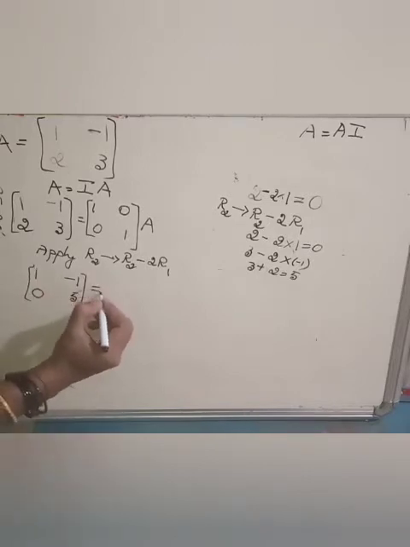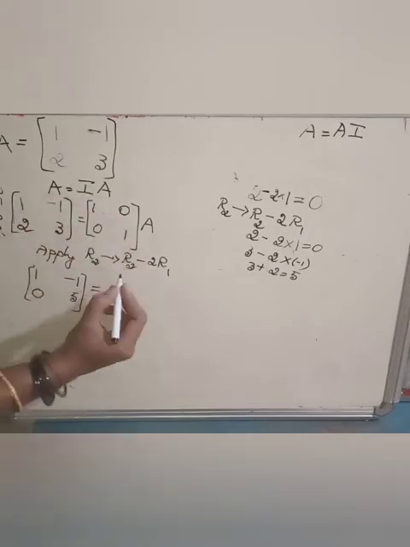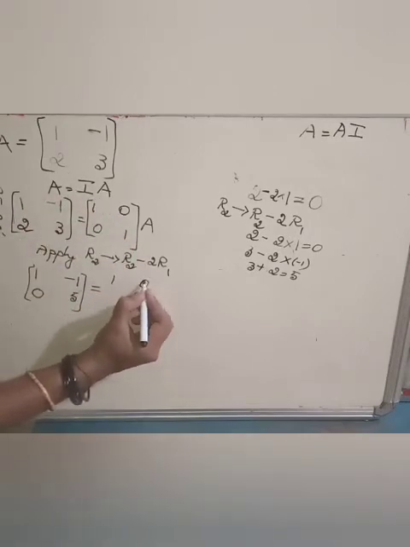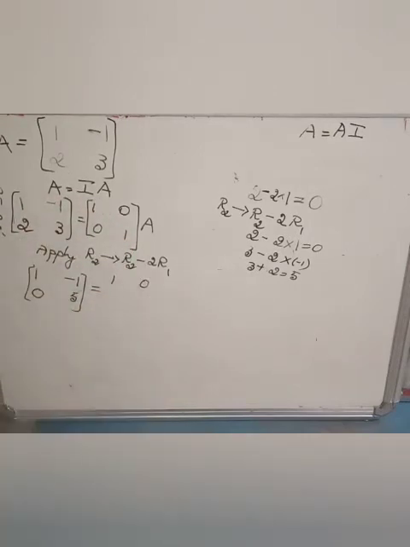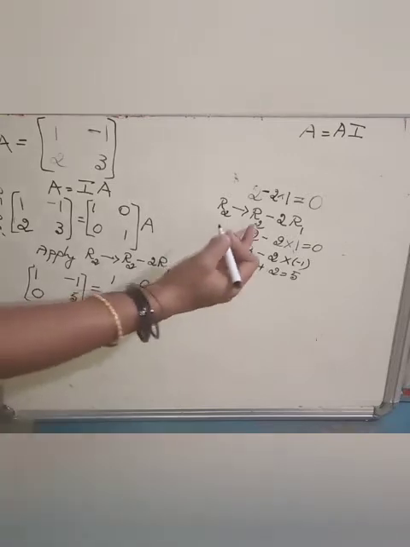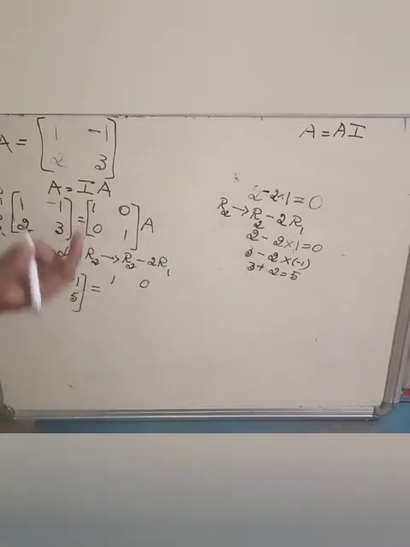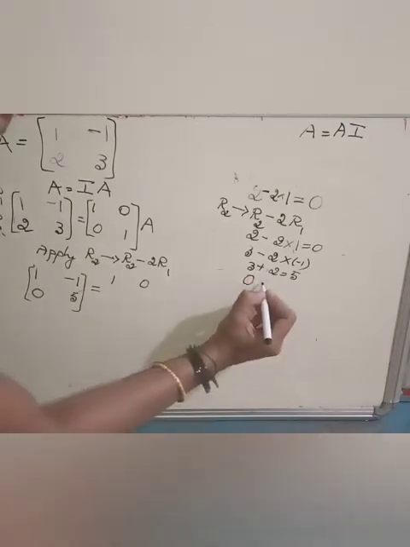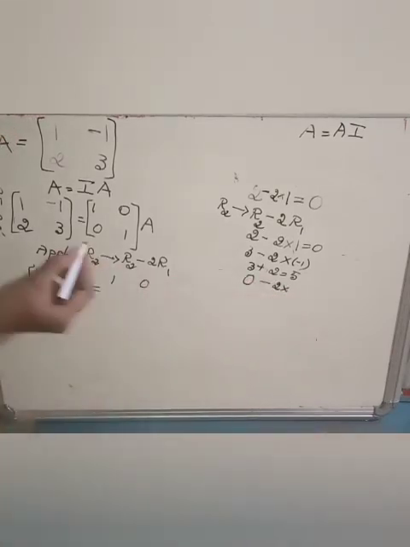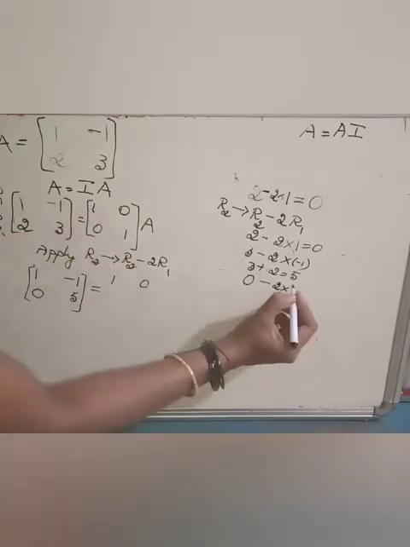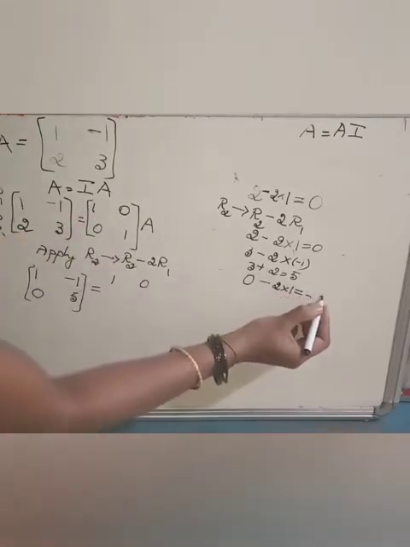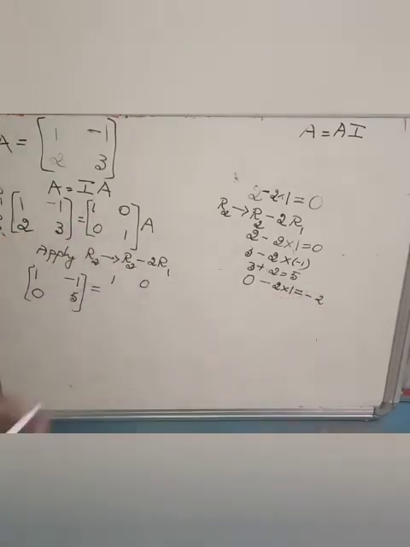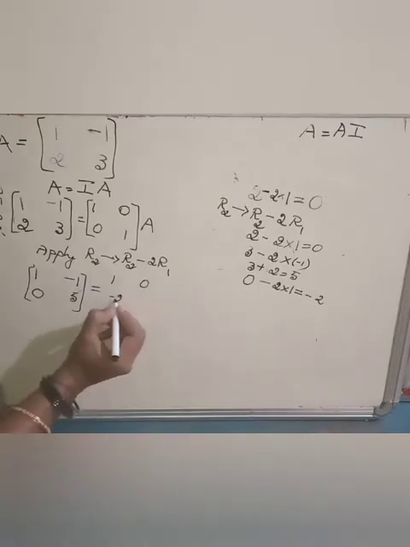So this is equal to, again here first row write as it is. In the second row, same elementary operation. What is the R2 entry? R2 entry is 0 minus 2 times the corresponding R1 entry, which is 1. So the answer is minus 2. So this is minus 2.